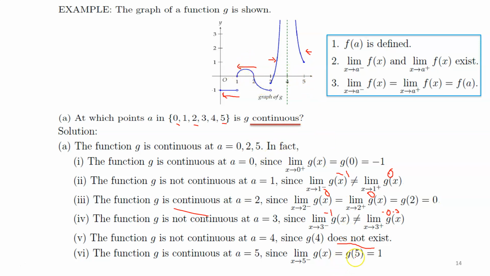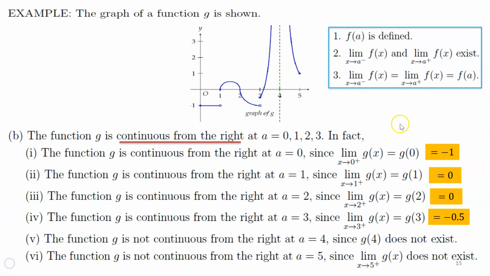And then g(5), you ganti masuk je terus dalam function, which is equal to 1. Okay, so it is continuous. Okay, this is actually what we have discussed. So the answer is over here, the answer for the limit at a equal to a specific number. Okay, you can check it back. You can try it on your own.